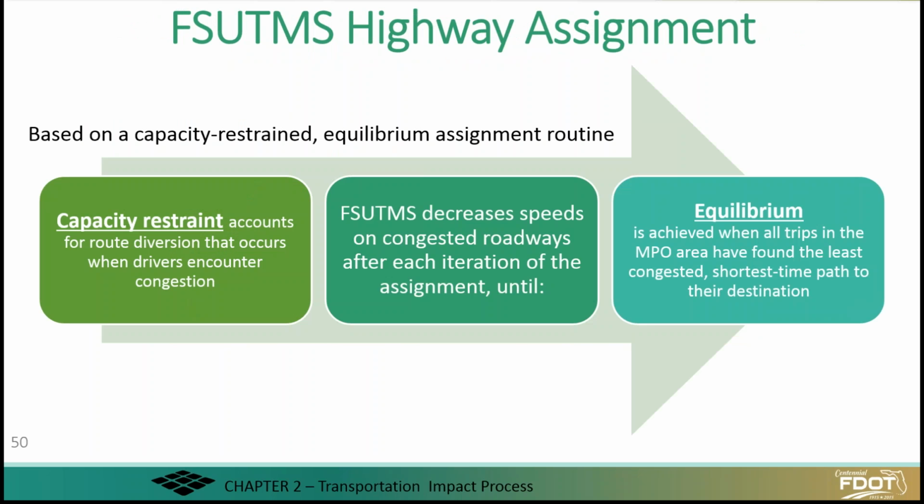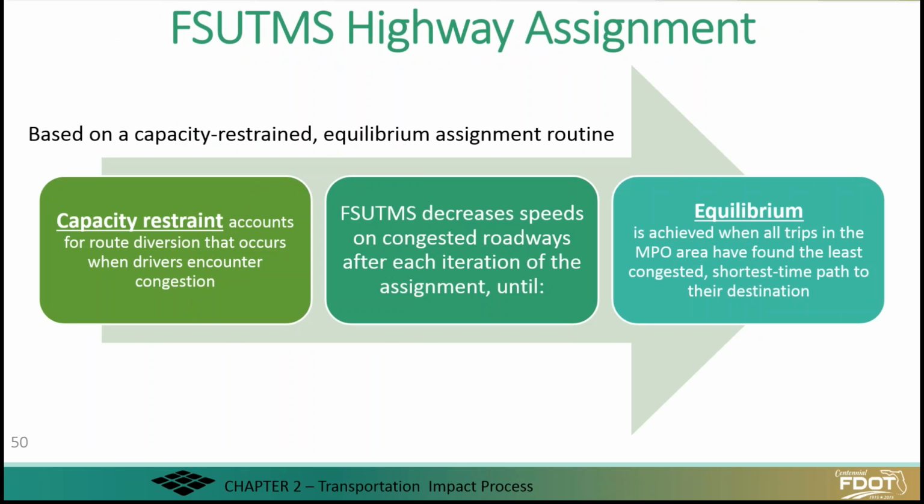So, FSUTMS trip assignment, since this is one of the best uses of FSUTMS, so we have a better understanding of what it is that FSUTMS does in terms of assignment: FSUTMS is based on a capacity-restrained equilibrium assignment routine.